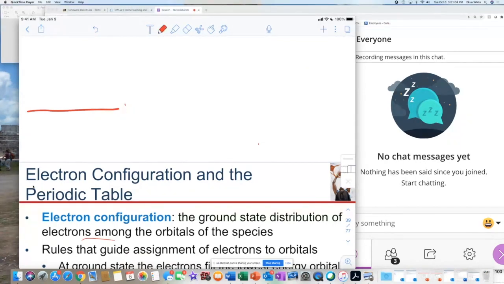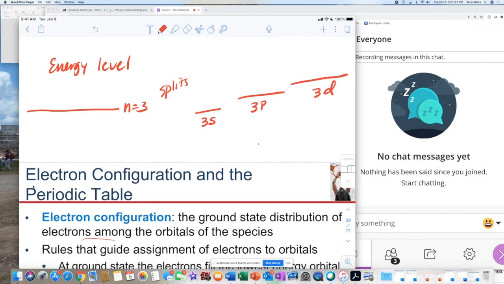So let's say this is energy level 3. The energy level actually splits into 3 sub levels. One of them is 3s. The other one is 3p. The other one is 3d.